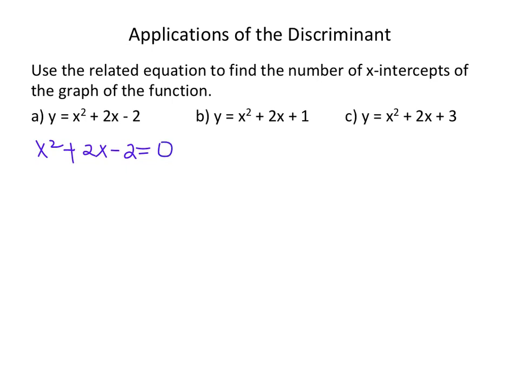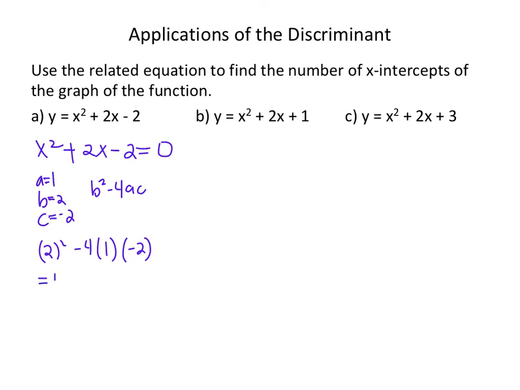From there, I identify my a, b, and c. A is equal to 1. B is 2. And c is negative 2. Doing the same thing again, b squared minus 4ac. We have 2 squared minus 4 times 1 times negative 2.